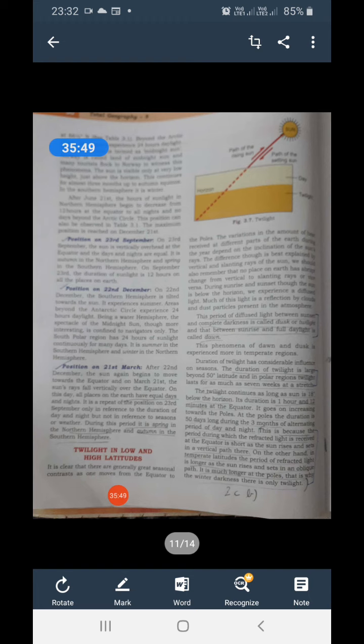So children, I know the lesson was quite intense for you to understand, but go through the explanation which I have done, and especially the explanation of the solstice and the equinox which I have explained you through the diagram. Please learn that.